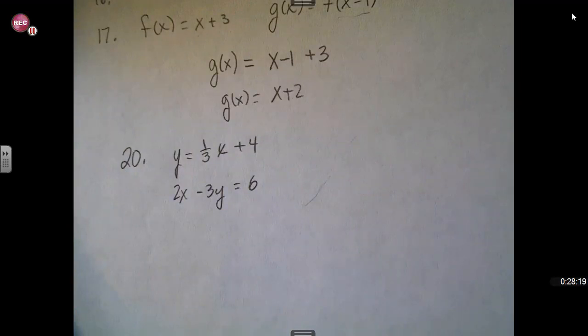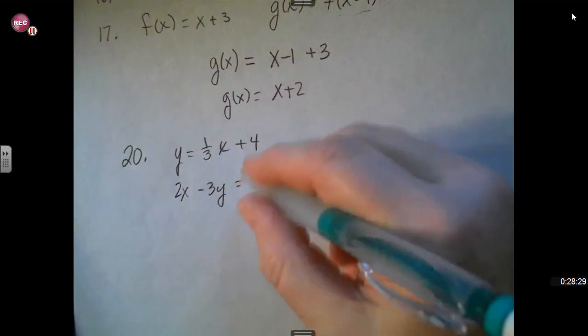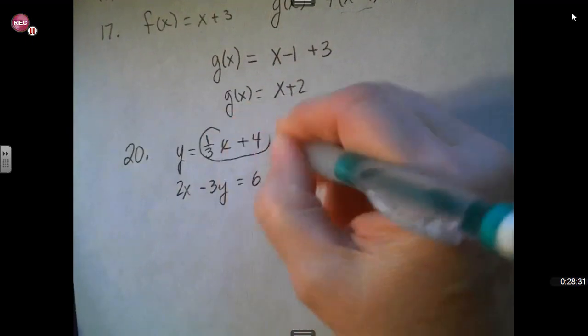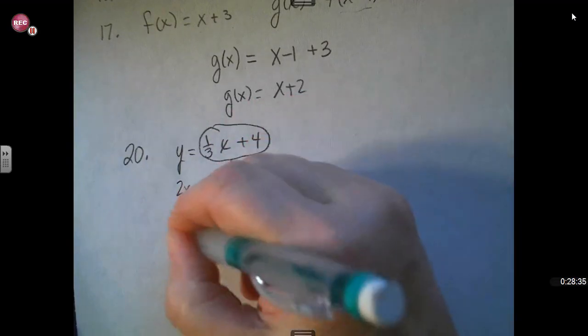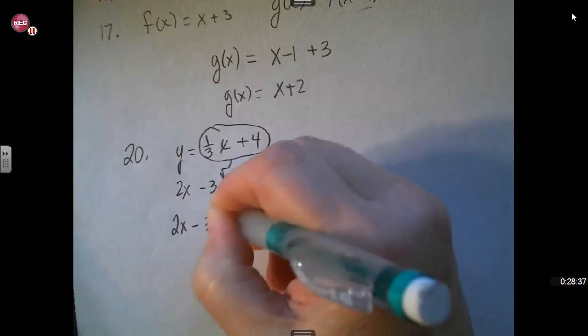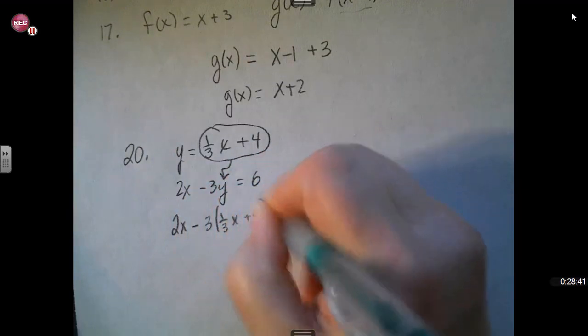So we substitute. We're going to take this and substitute it in here for y. So I'm going to have 2x minus 3 times the quantity, 1/3 x plus 4.